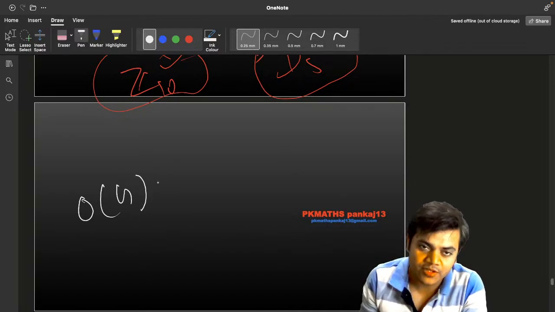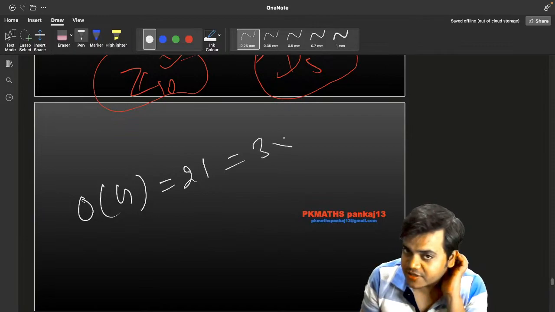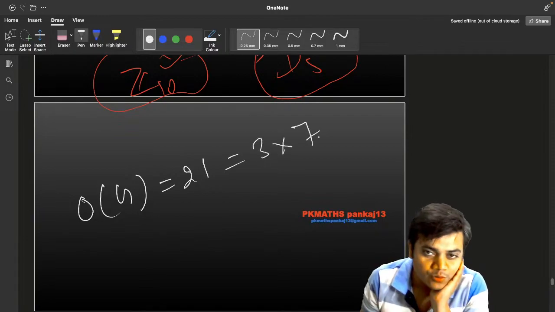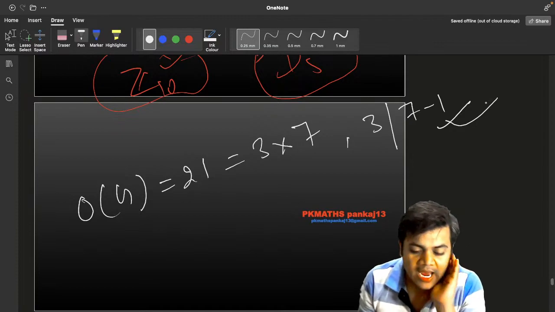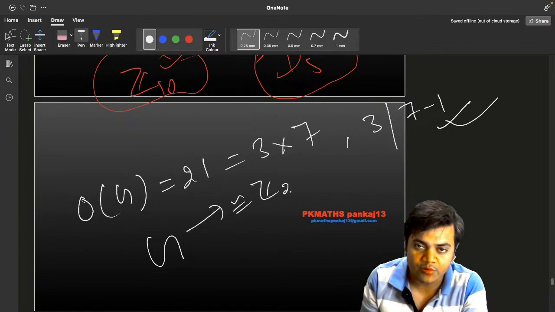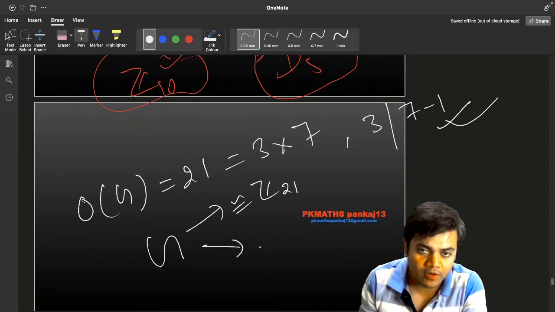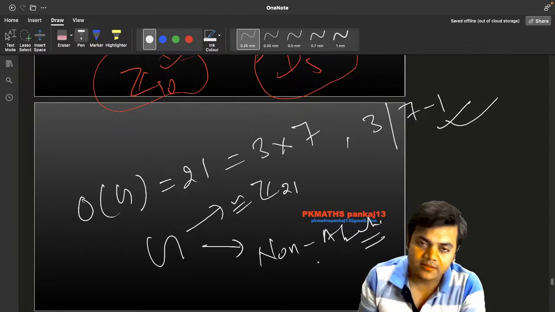But before that, if you have a group of order 21, then certainly it can be written as 3 into 7, and you can observe that 3 divides 7 minus 1 beautifully, and therefore you will not hesitate to say that your group G is either isomorphic to Z21 or isomorphic to some non-abelian group of order 21. Okay, so yes, these were the things.